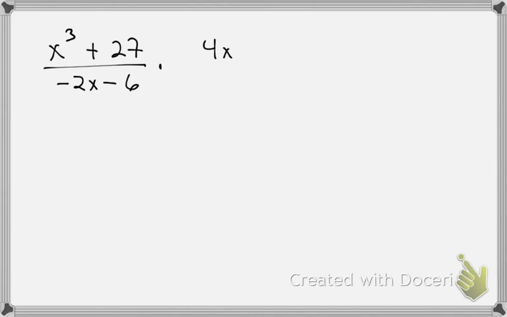Let's say that we have x cubed plus 27 over negative 2 minus 6 times 4x cubed over x squared minus 3x plus 9.